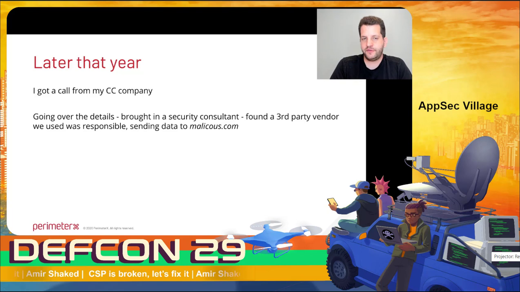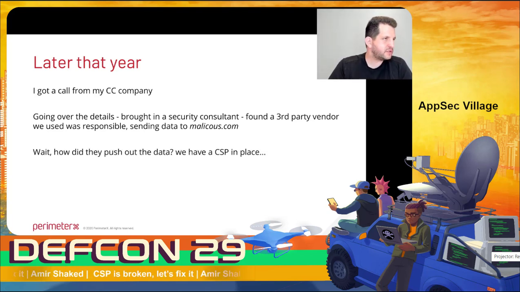They found a third-party vendor that was used and was responsible. The third-party script was breached. Their source code was breached. And that snippet started sending additional information collected from the page to an external domain, say malicious.com, but any external domain. And that's how the credit card information was stolen from the website.